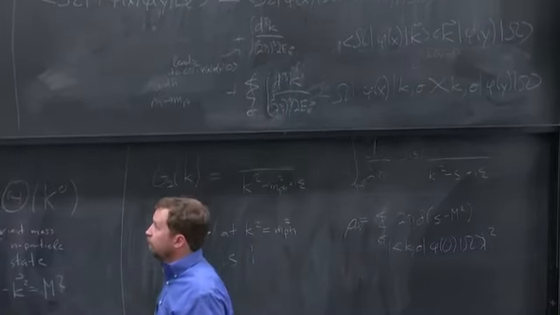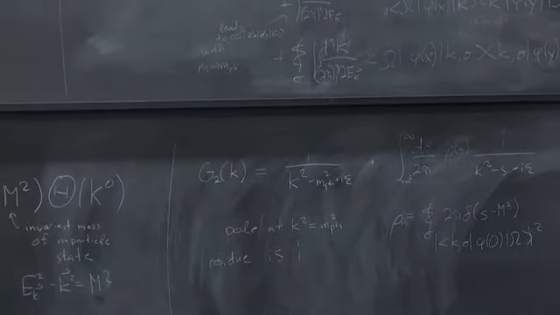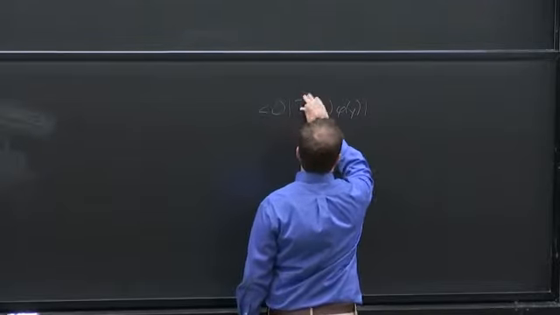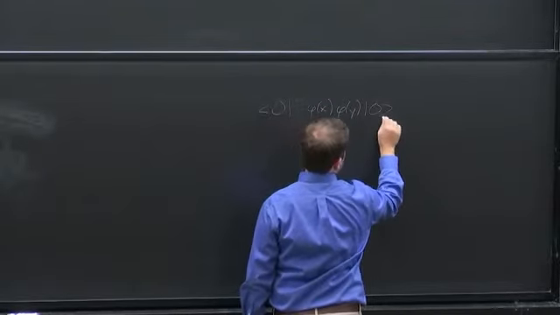I'll be explicit. So we're going to calculate the vacuum expectation value of phi(x) phi(y). We're not doing the time ordering, we're just doing this.